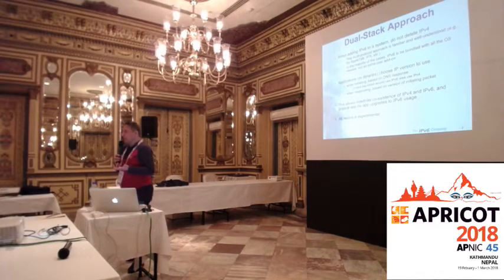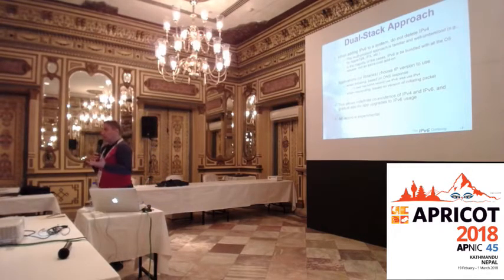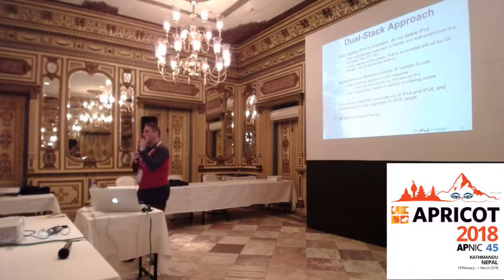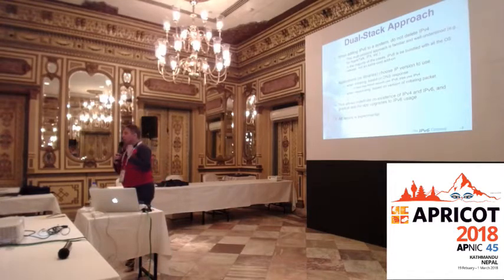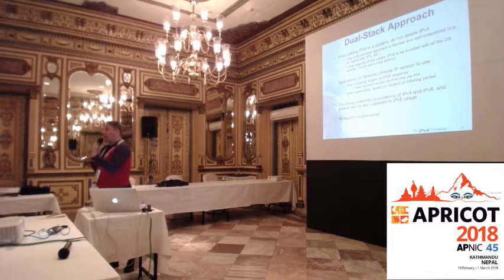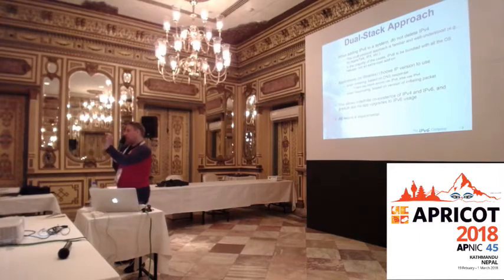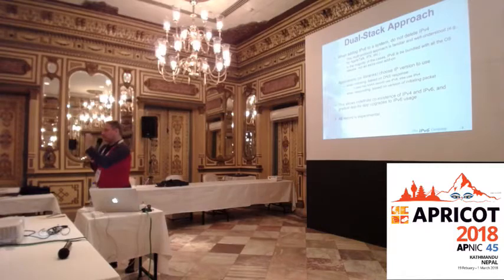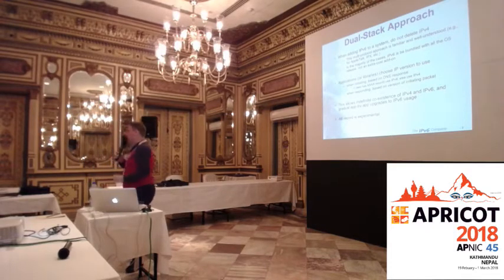In DNS, everybody knows about DNS, right? Everybody knows what an A record is. An A record is the IPv4 address. And then we have a new record, which is the Quad A record, which basically means 4 times the size of the IPv4 address. 4 times the size of 32 bits is 128 bits, which is what we have with IPv6.